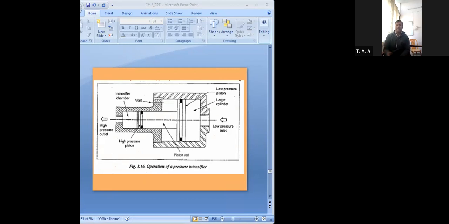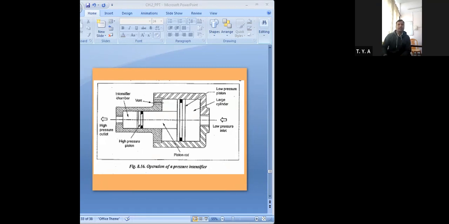Then the unit is also more compact. This intensifier unit is more compact and simple than adding another power unit for high pressure cycling.